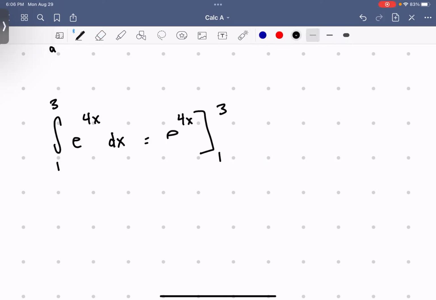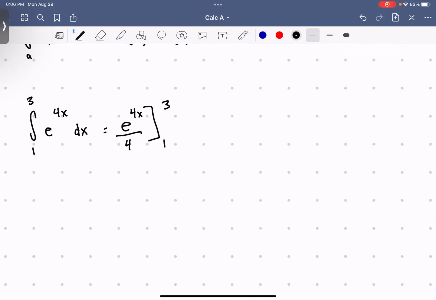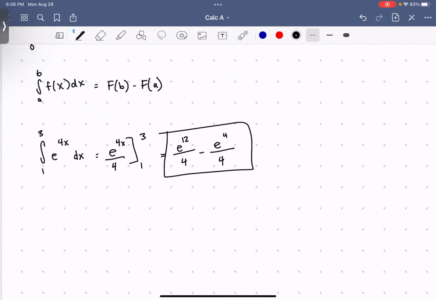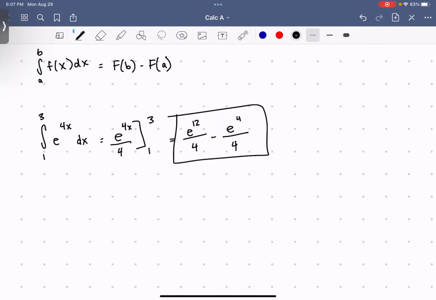I forgot the 4. Okay. Then if we were going to plug this in and rewrite it, it'd be e to the 12 over 4 minus e to the 4 over 4. You could simplify this further with a calculator, but honestly, I don't think in college, at least at this level of math, they're going to let you use a calculator.